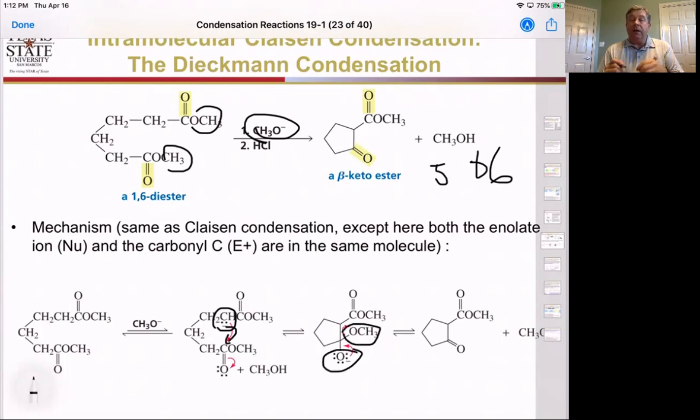Then when the electrons kick in from our alkoxide, it kicks out the methoxide here as our product. This can then deprotonate this right here to be able to distill off the methanol. And when we acidify at the end, we regain this alpha proton.